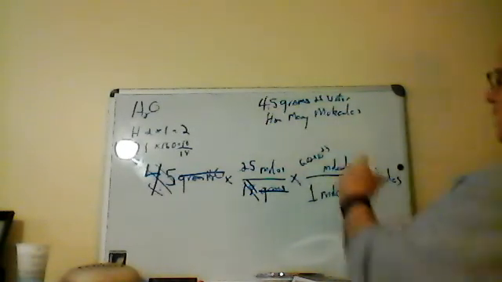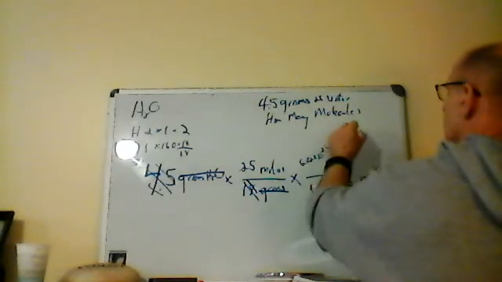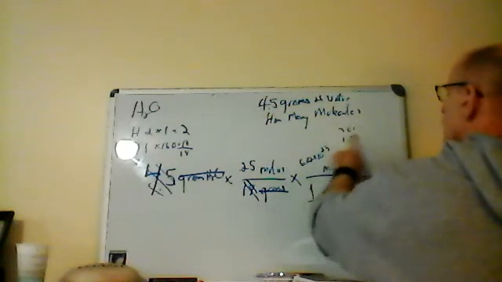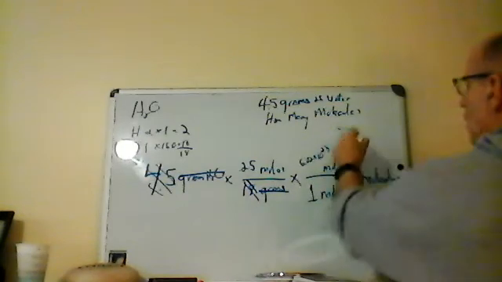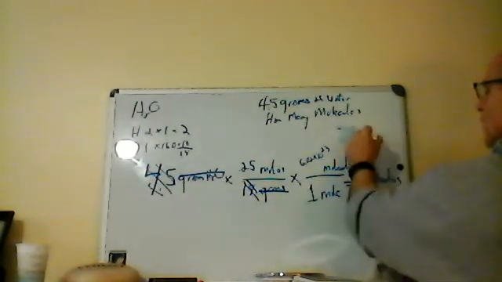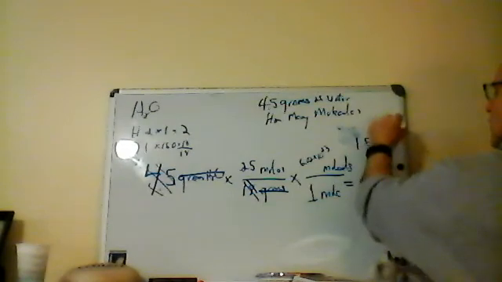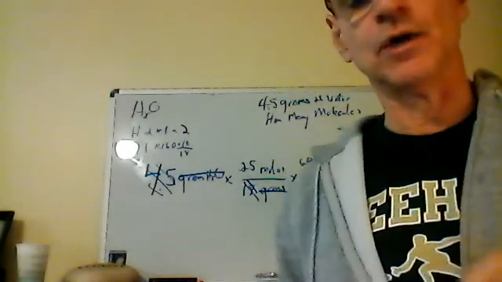So half of 6.02 is 3.01. Half of that is 1.505. So when you multiply that out, you're going to get something like 1.505 times 10 to the 23rd. So that's how many molecules you're going to wind up having.